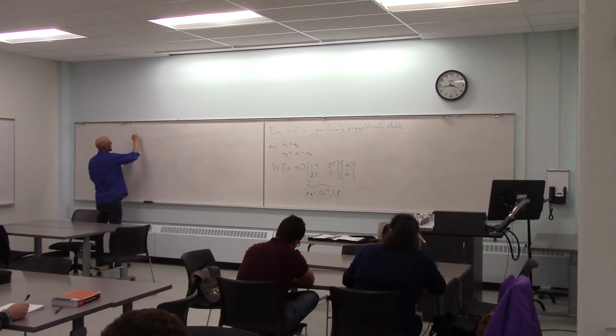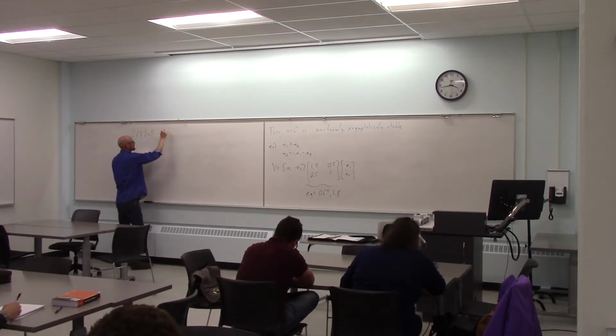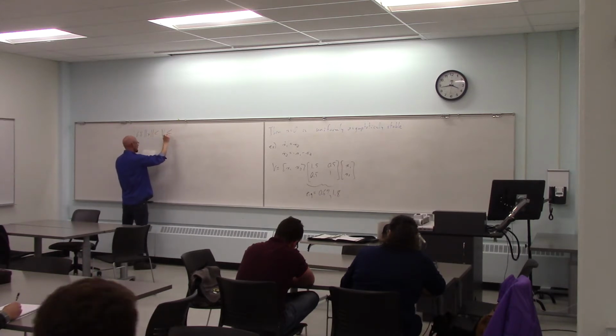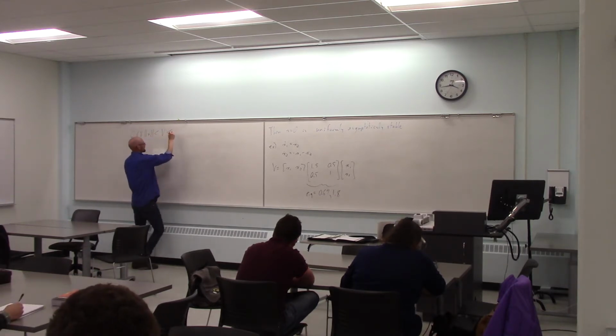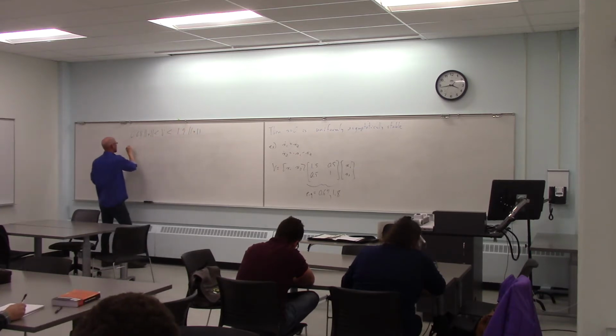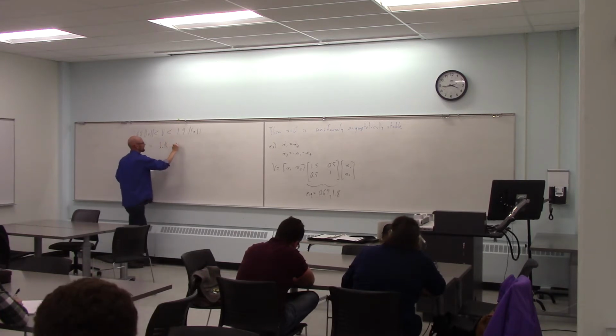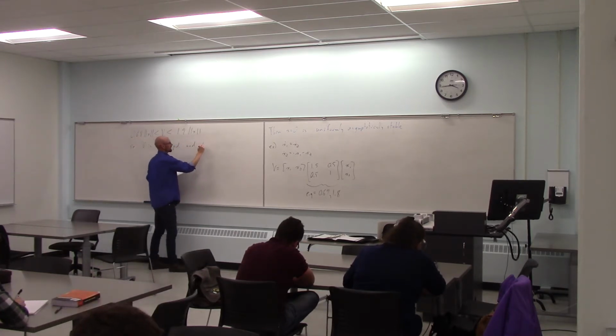So I can say that V is between 0.68 times the norm of x squared and 1.9 times the norm of x squared. So V is both positive definite and decrescent.